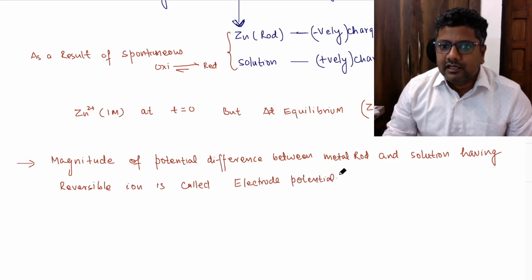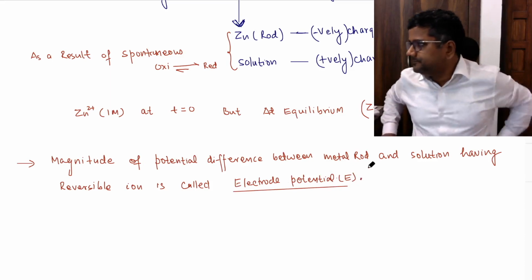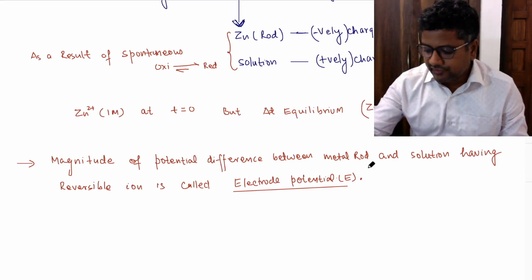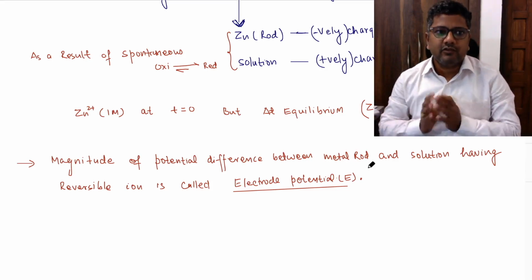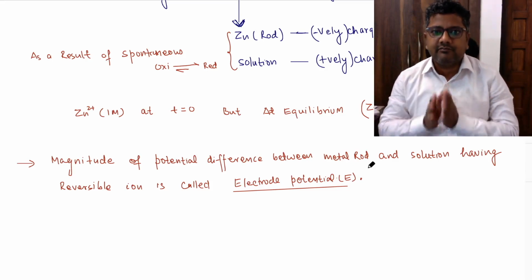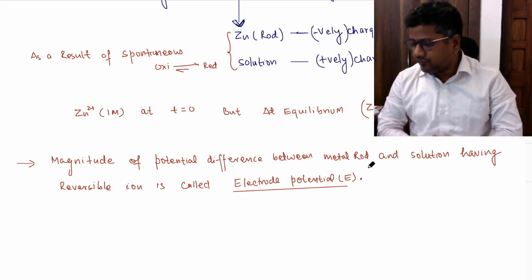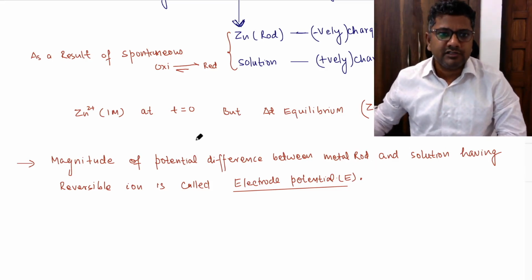Right? And electrode potential is represented by the symbol E. So hopefully all of you are clear what electrode potential is. So electrode potential is defined as the magnitude of potential difference between rod and solution when a metal rod is immersed in a solution having a reversible ion.